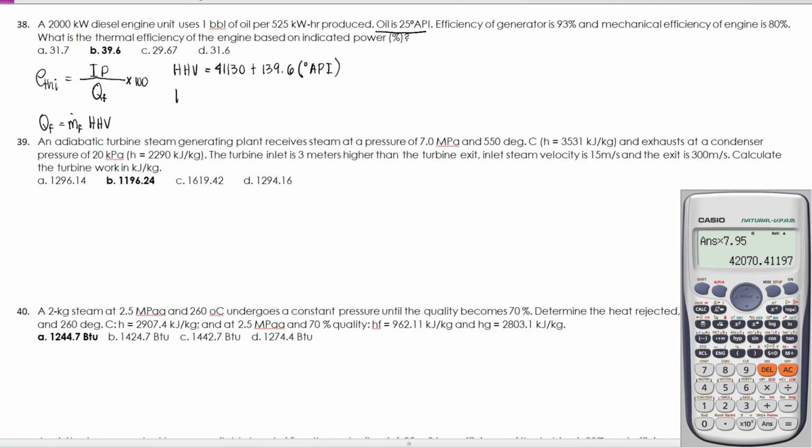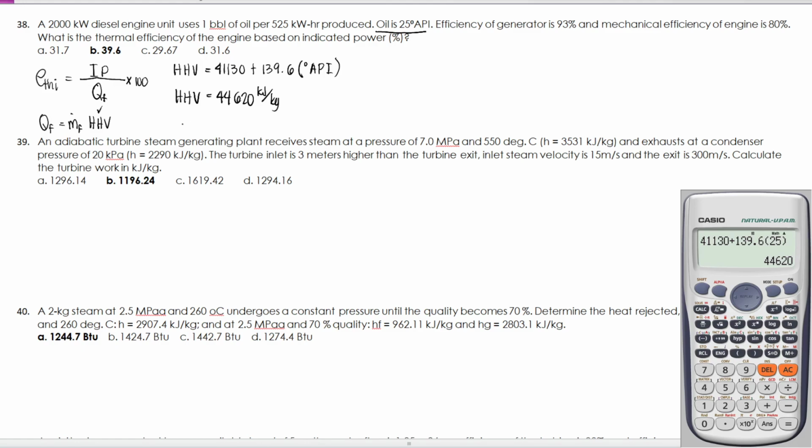So, kung isa-substitute natin yan, direkta na lang natin kay calculator. That will be 41130 plus 139.6 times degree API na 25. That is 44,620. 44,620 again in kilojoules per kilogram. So, okay na tayo sa higher heating value.